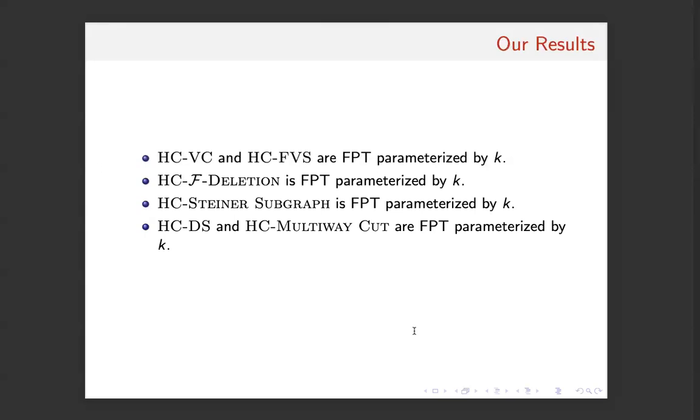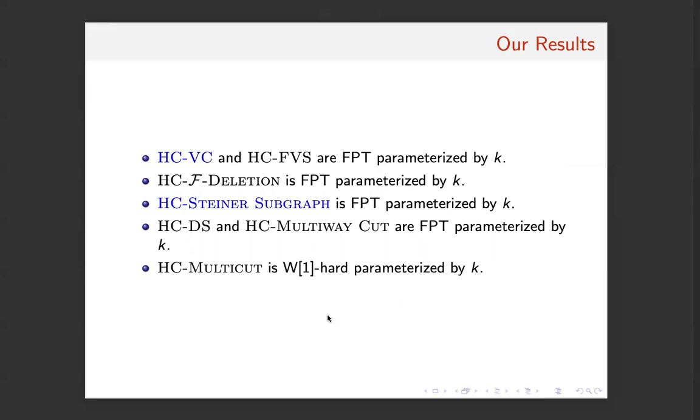For solving these problems, we have used highly connected Steiner subgraph as one of the key tools. In fact, if we have a solution to highly connected Steiner subgraph, then with a small tweak we can solve highly connected dominating set. Lastly, we have shown that highly connected multicut is W[1]-hard parameterized by k, and we proved this by giving a reduction from independent set.